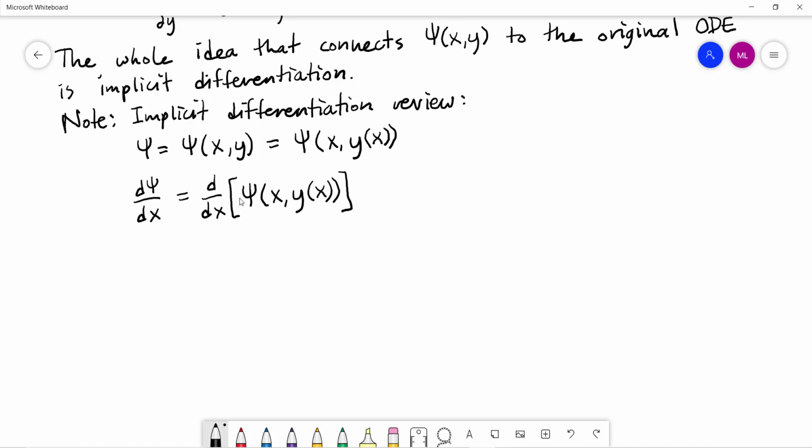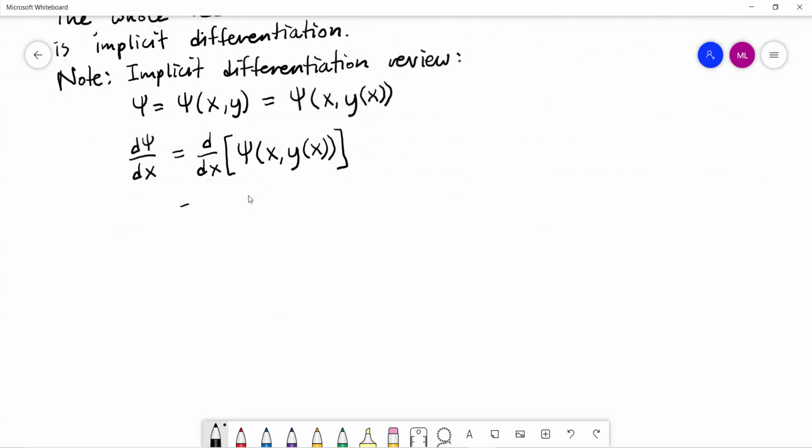When we take a derivative, what ultimately happens is we have to take the derivatives with respect to both x and y. And so what this is going to wind up looking like is the following. We'd write the first partial derivative, d psi dx, times dx dx, and I can write that with regular d's.